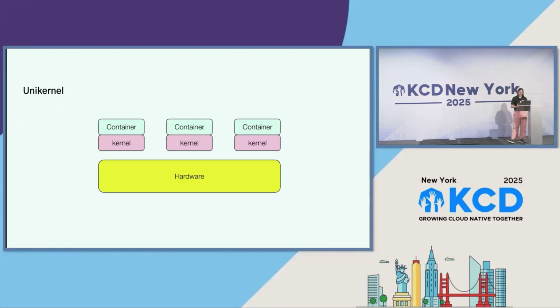Very quickly, another couple options for strong isolation. Another is a unikernel. A unikernel compiles the application along with the kernel into, I'll call it, a mini operating system application thing. And this does also provide strong isolation, because each application, of course, has the kernel. But there are some limitations in terms of compatibility and development with this model.